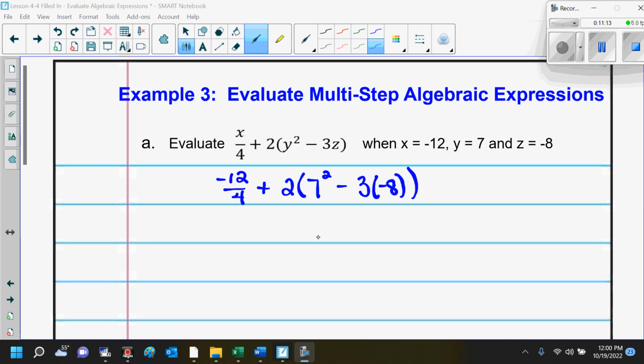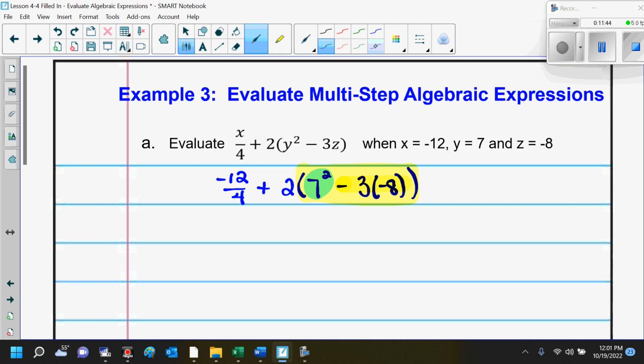All right, so now we simplify using our order of operations. So what goes first? We want to do the stuff that's in the grouping symbol, right? So in my grouping symbol, what comes first? The exponent comes first. So we're going to do 7 squared. You see that?